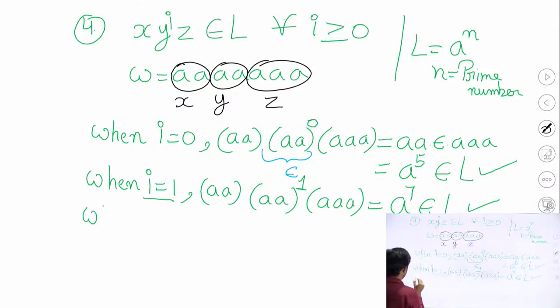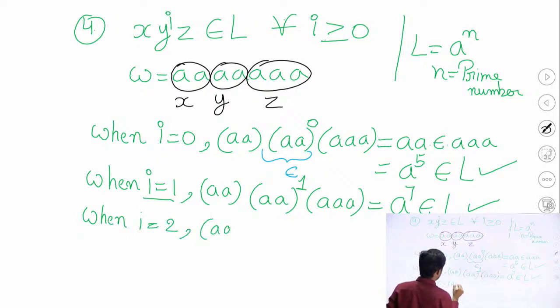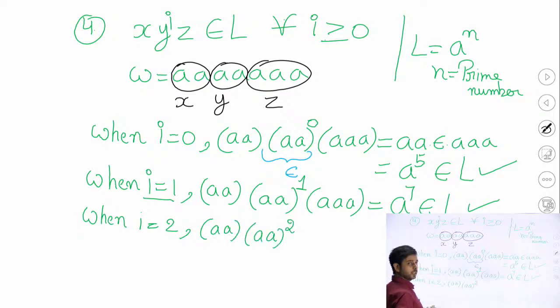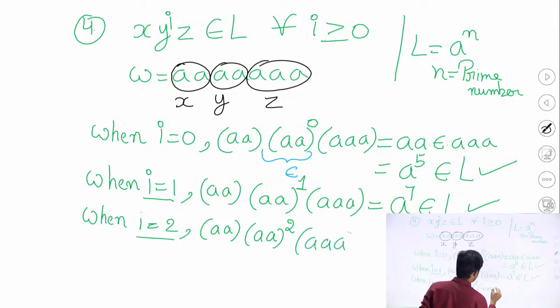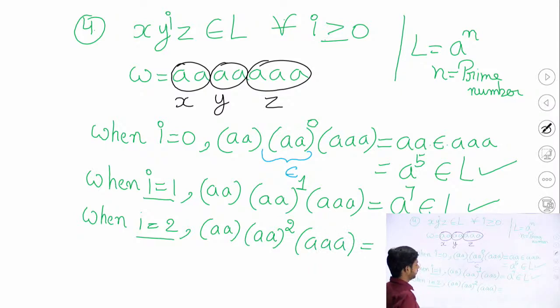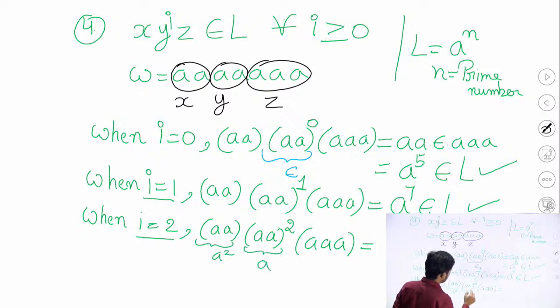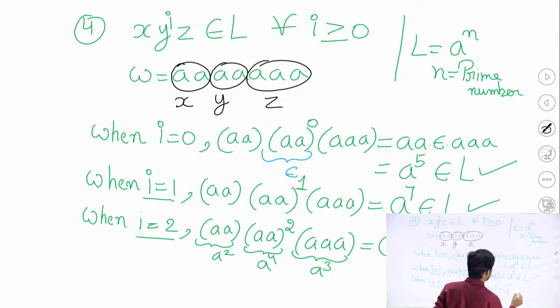So let's see, when i equal to 2, okay, 3 times a, this will be equivalent to a raised to power 2, this is a raised to power 2 into 4, and this is a raised to power 3, 3 4 7, so this is a raised to power 9.